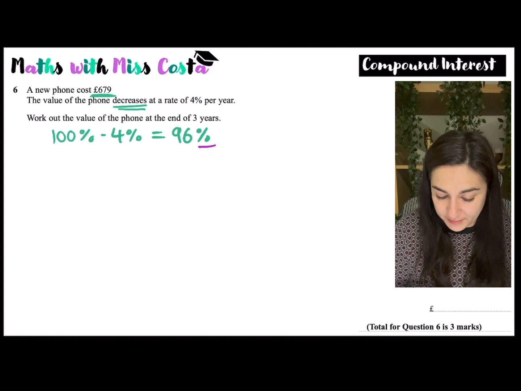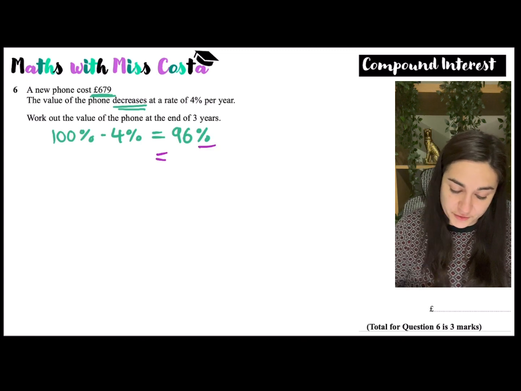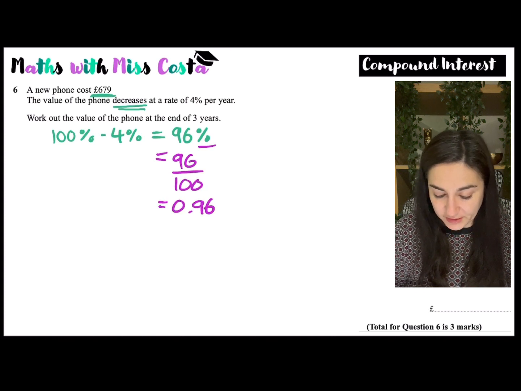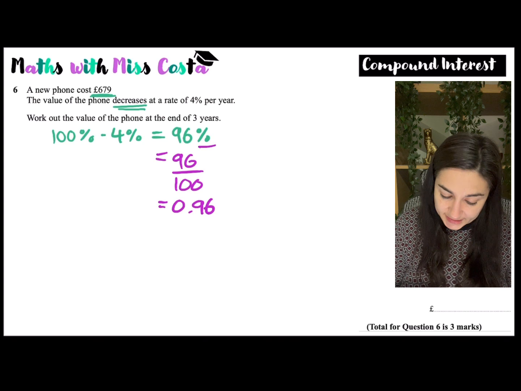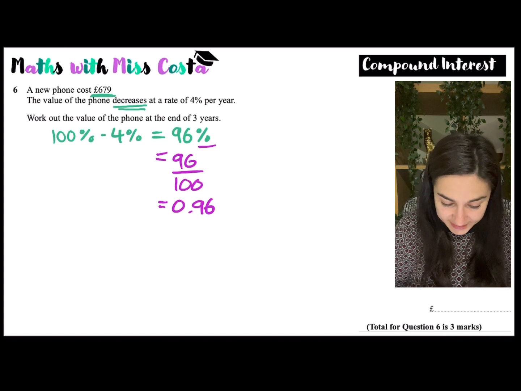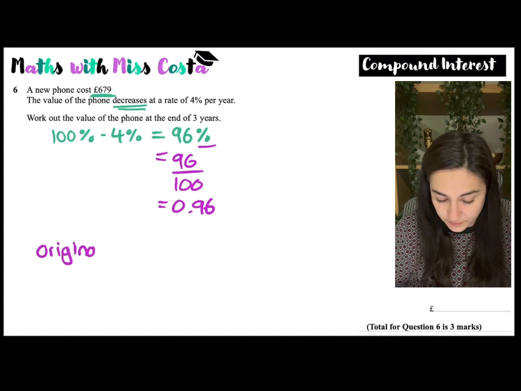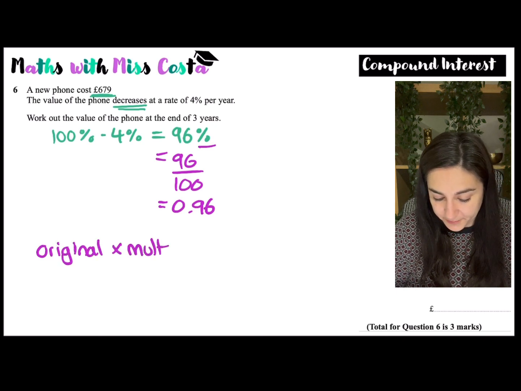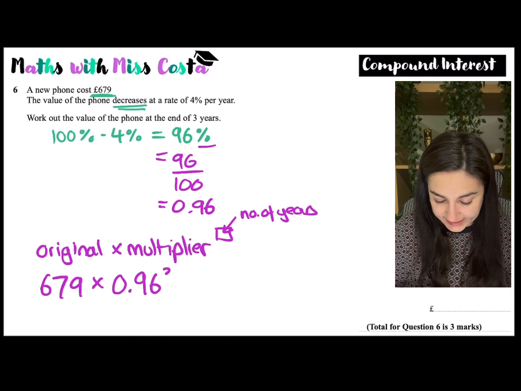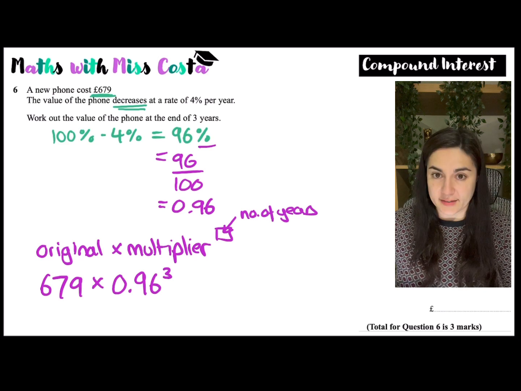Now what does percent mean? It means out of 100. So 96 over 100 is 0.96, but you can do all this on your calculator. So the multiplier is 0.96, and whenever we're doing compound interest, we do the original value times the multiplier to the power of the number of years. So in this case, I'm going to do 679 times 0.96 to the power of 3.